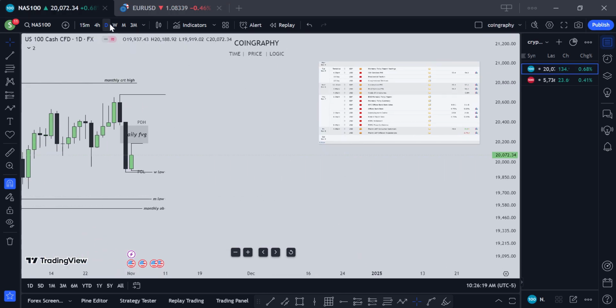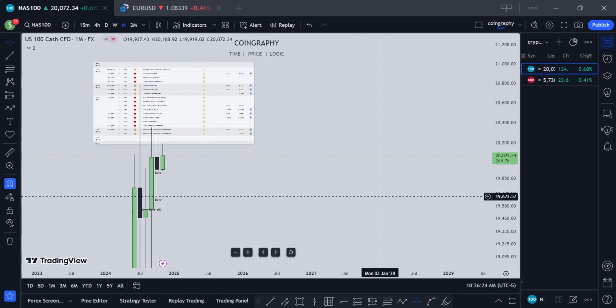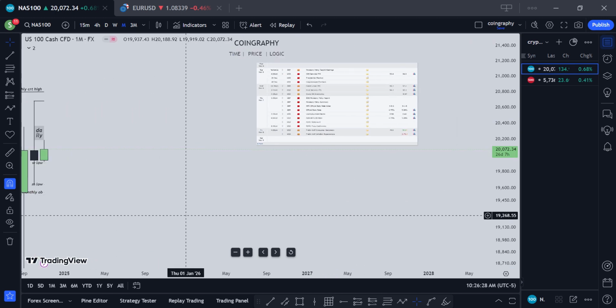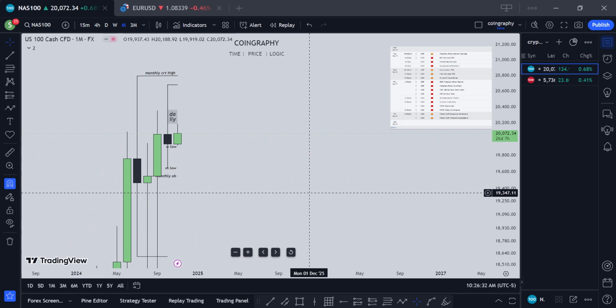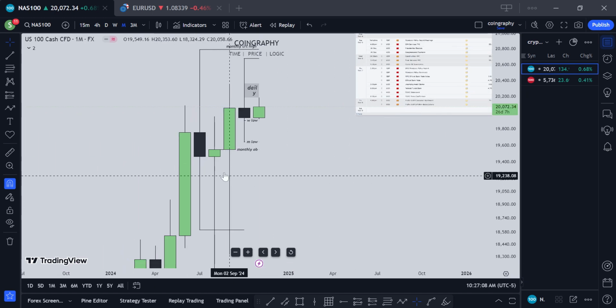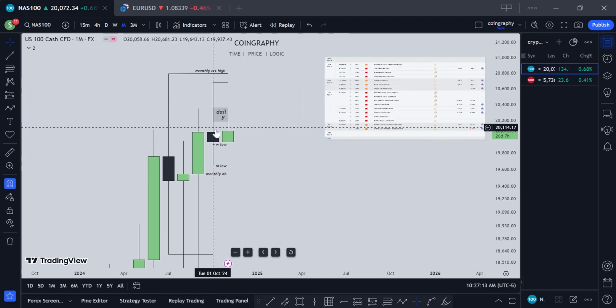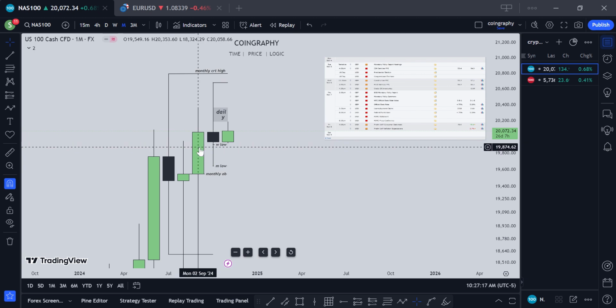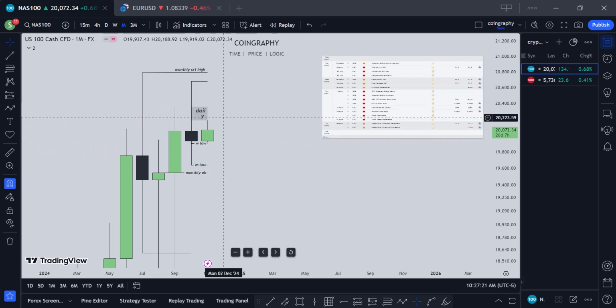Looking at NQ on the monthly time frame, last month we took September's high, and then we closed back into the range, signaling a reversal here.